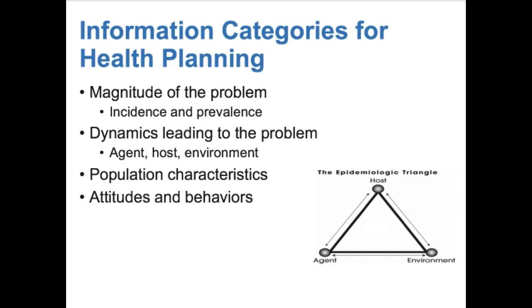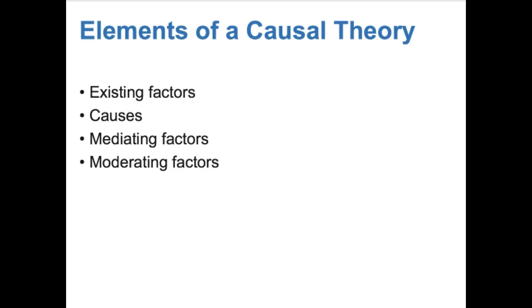For example, distrust of medical professionals may lead to individuals avoiding needed medical care, or high rates of smoking would lead to higher risk of morbidity and mortality. The combination of these factors enables us as researchers and/or evaluators to hypothesize about what causes a health problem.